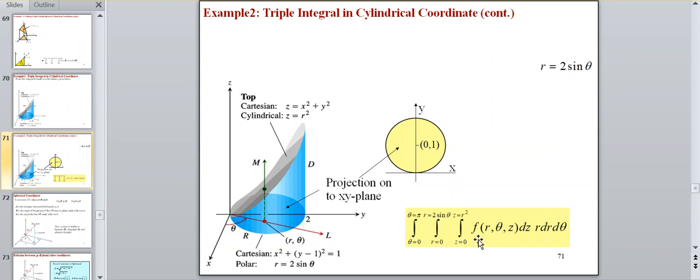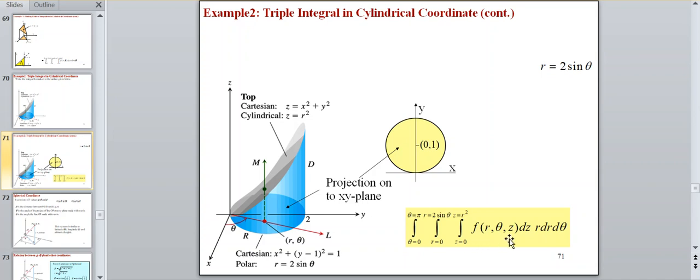So now we can set up the integral. You can see z is from 0, the lower surface, to the upper surface, with its equation in cylindrical being z equals r squared. The region D's image will be this circle, and the description of this circle in the polar coordinate system is: r is from 0 to the circle, the equation of the circle, r equals 2 sine theta, and then theta is from 0 to pi.